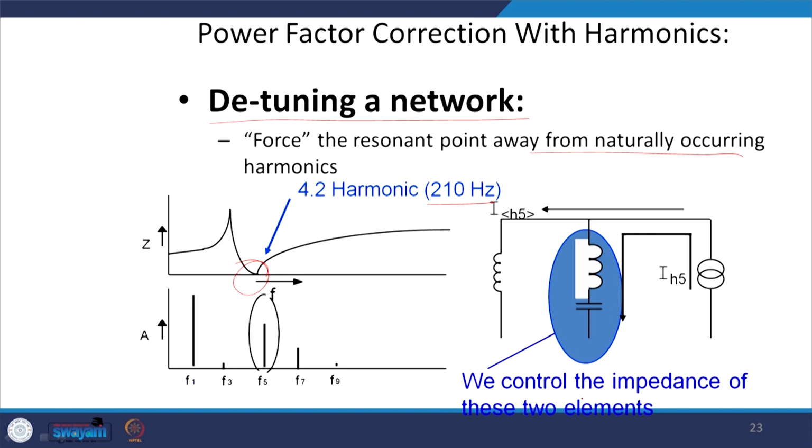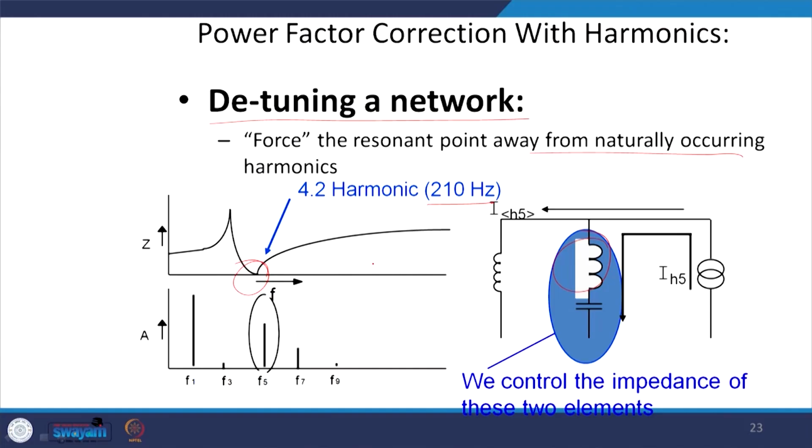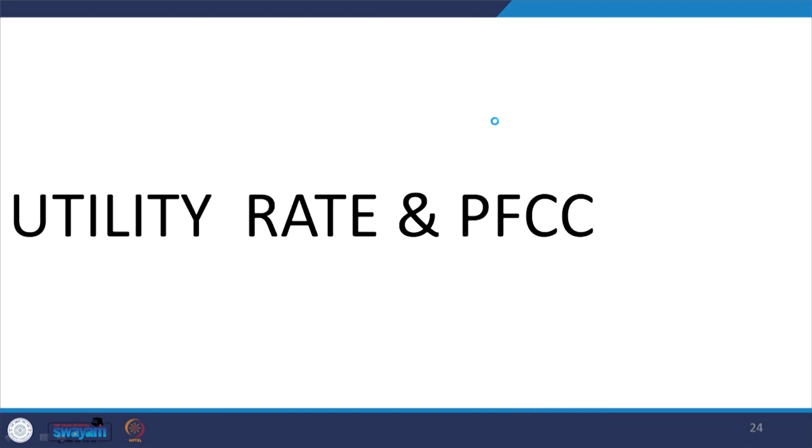So, we control the impedance of the FACTS devices, and we can control the value of the inductor so that the effective impedance of these devices can be controlled. You will detune it from the FACTS devices, and thus it will not fall into the trap of the 5th harmonic or 7th harmonic.